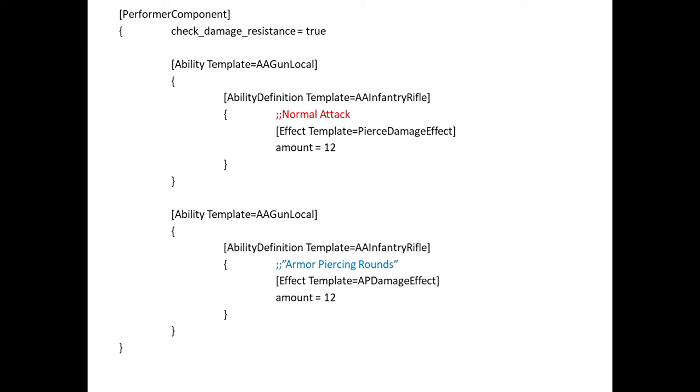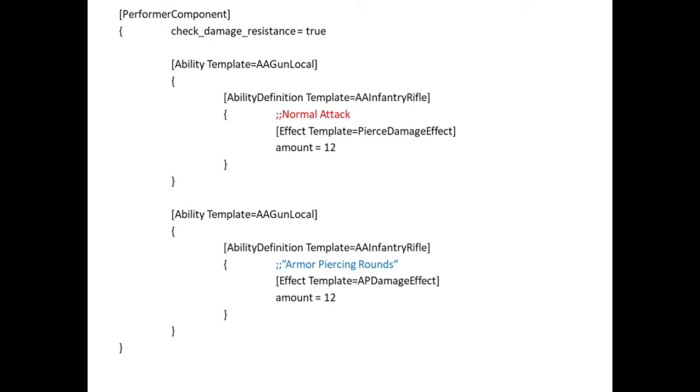This infantry unit has 2 gun attacks. Say it has a rifle. One of them does 12 pierce damage. The other one does 12 armor piercing damage. Both of them use the vanilla gun local ability template.